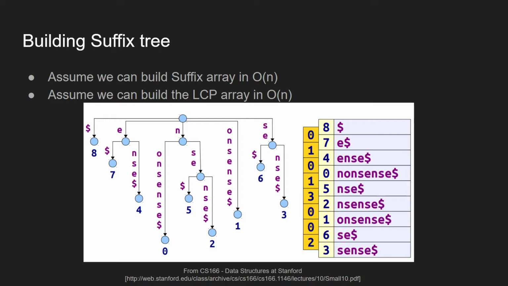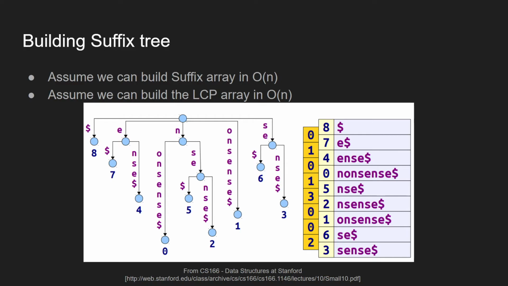So how do we build the suffix tree? For the purpose of this presentation, we will assume we have already efficiently computed a suffix array, which contains all suffixes of the string, sorted, and the LCP, longest common prefix array, which is shown in the orange column in the picture.